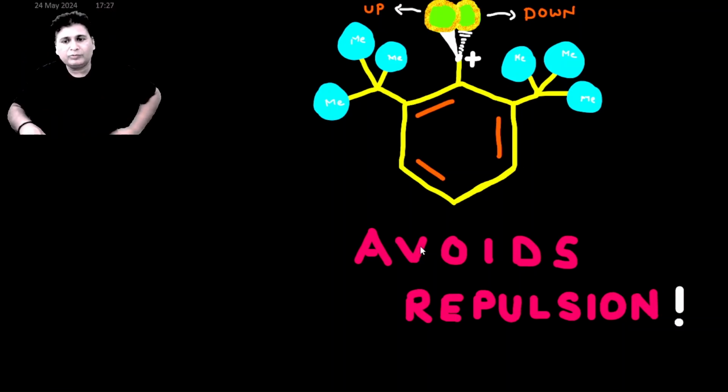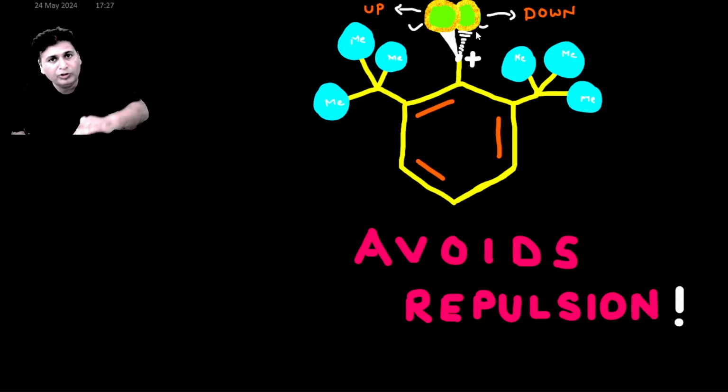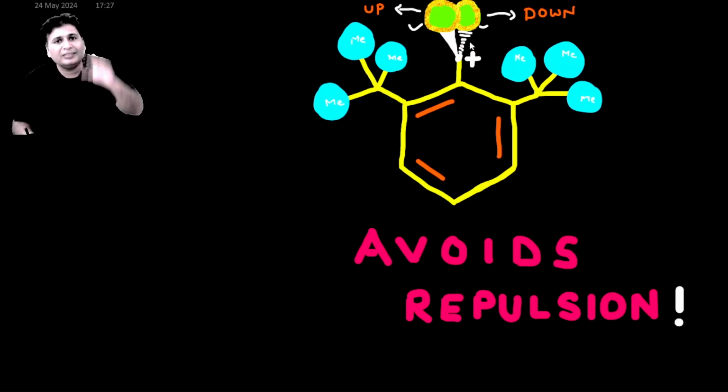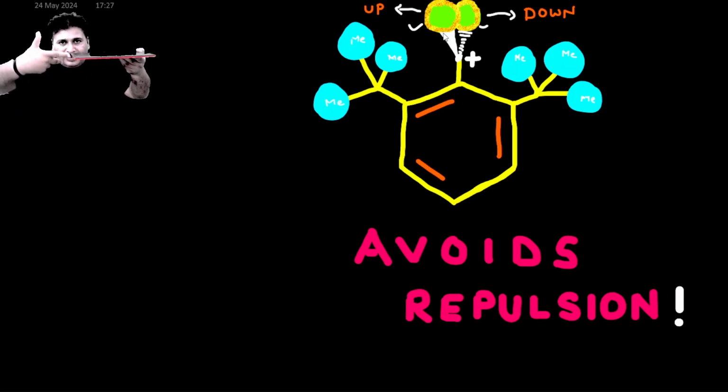And as it becomes like this, 1 methyl goes up the plane of the benzene ring, 1 methyl goes down the plane of the benzene ring, and this carbocation plane becomes perpendicular to the plane of the benzene ring. If the benzene ring is like this, this carbocation turns like this.